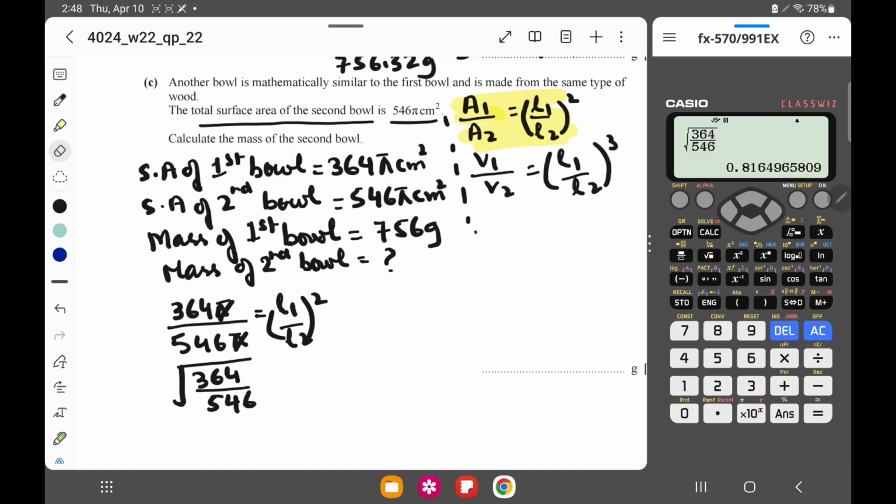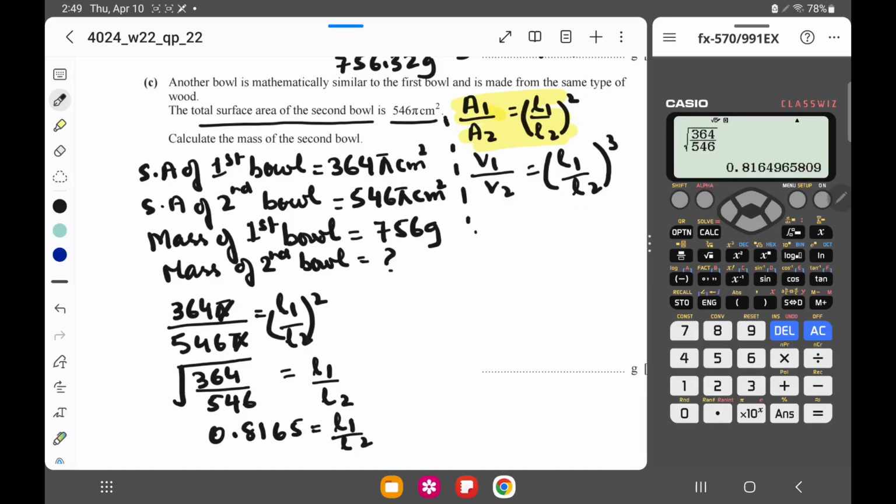Okay, so L1 upon L2 is equal to 0.8165. 0.8165 is L1 upon L2.